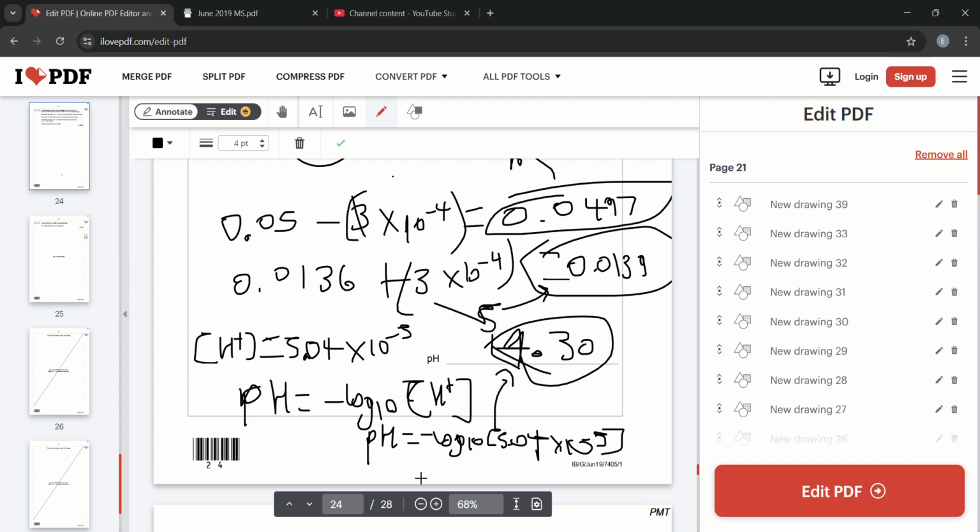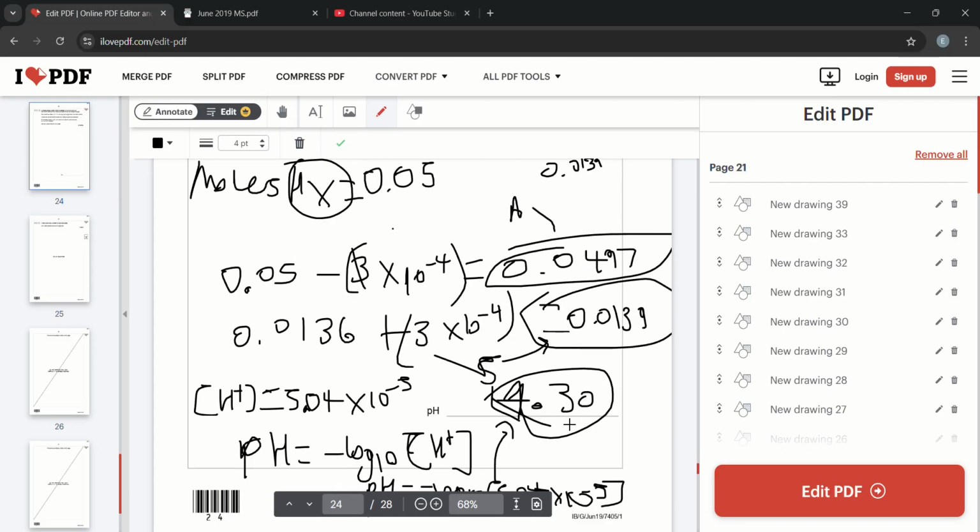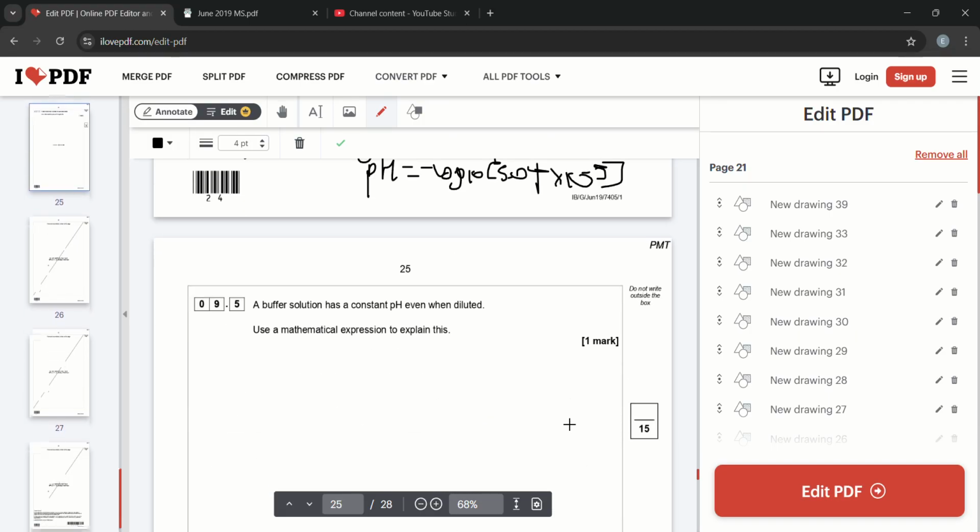Substitute H plus in, pH equals minus log10 of 5.04 times 10 to the power minus 5. We get pH 4.297, however it wants it to 2 decimal places, so therefore pH is 4.30.